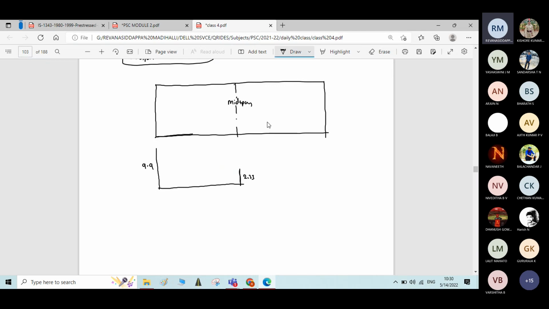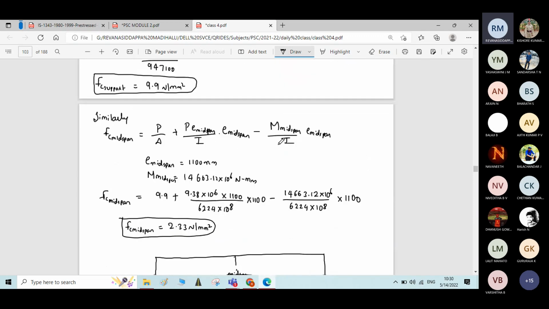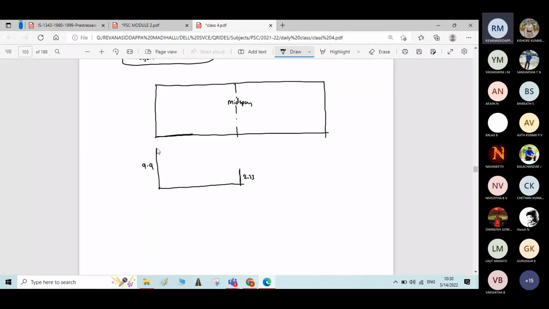Here the cable profile is parabolic, so the variation of stress is also parabolic in nature, like this.